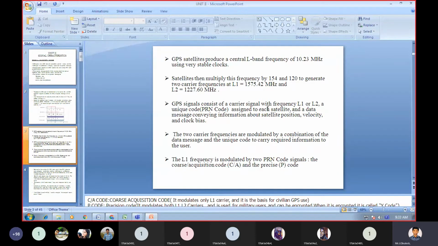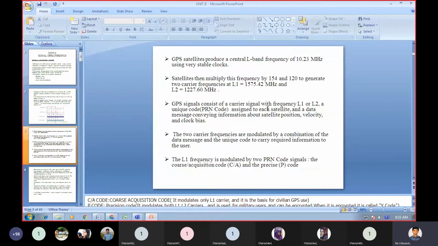So the L1 signal is modulated with the help of these two code signals only.